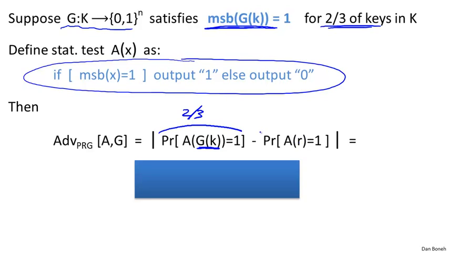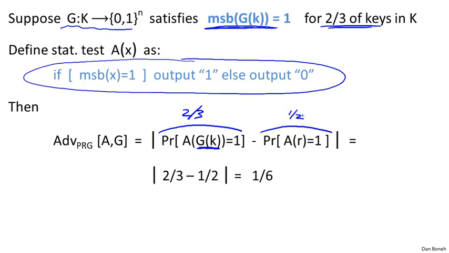That happens exactly half the time, so the statistical test will output 1 with probability 1/2. And so the overall advantage is 1/6, and 1/6 is actually a non-negligible number. That's a fairly large number, which means that A was able to distinguish the output. We'll say that A breaks the generator G with advantage 1/6, which basically means that this generator is no good, it is broken.